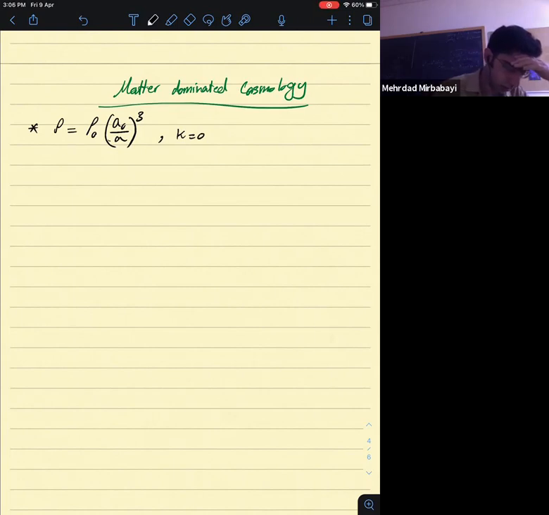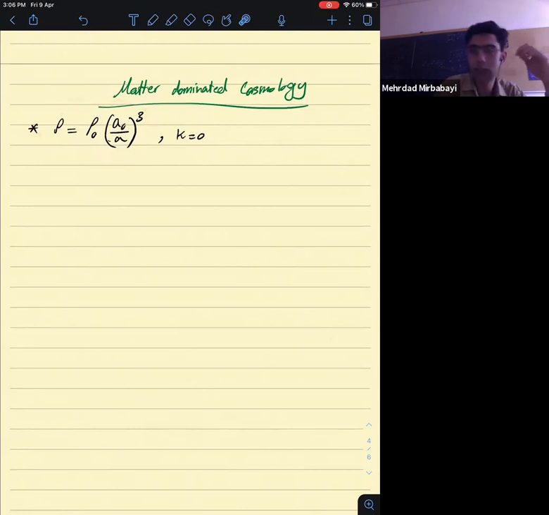Okay, and then we can solve the system. First of all, this equation has already solved the energy conservation equation. And let me also say that the Hubble expansion rate is H naught at the current time.